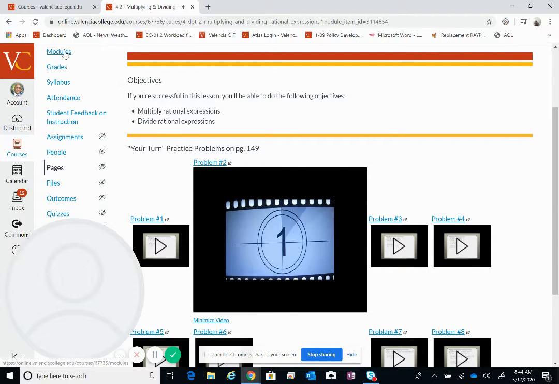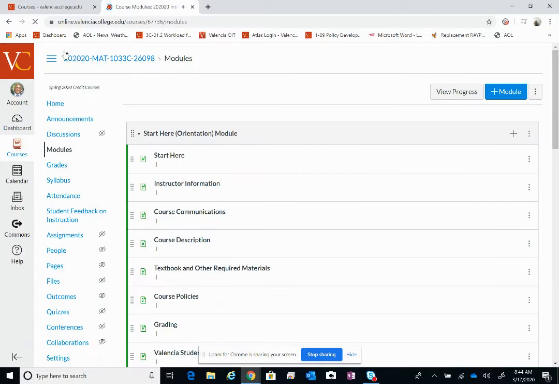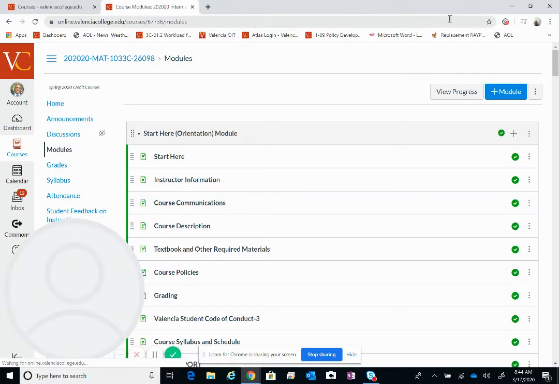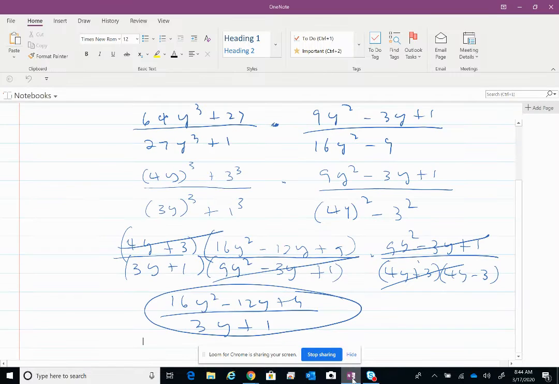All right, so I'm going to get out of this now, and we're going to go ahead and start chapter 4.2. Where I left off was dividing rational expressions. Although I completed most of it in class, I'm just going to go ahead and start over doing it again.